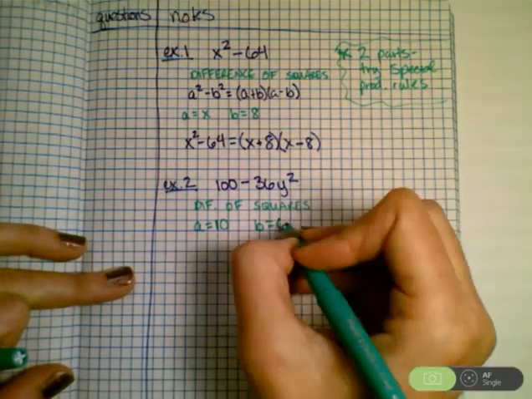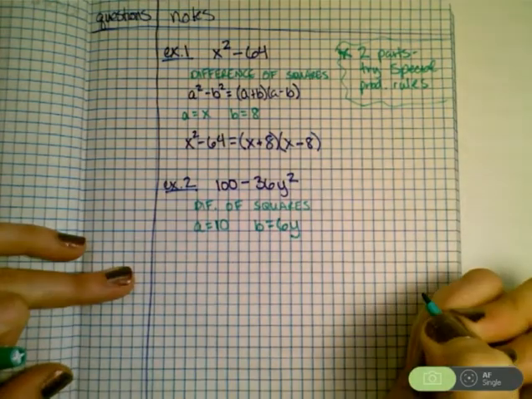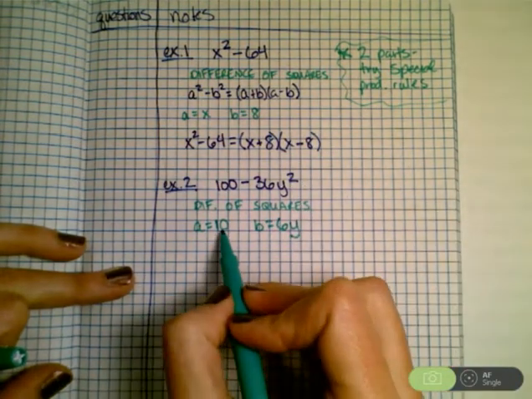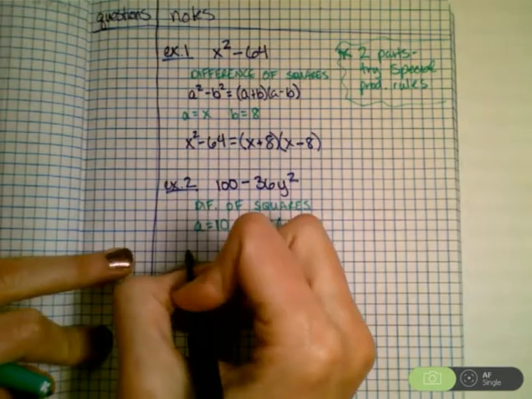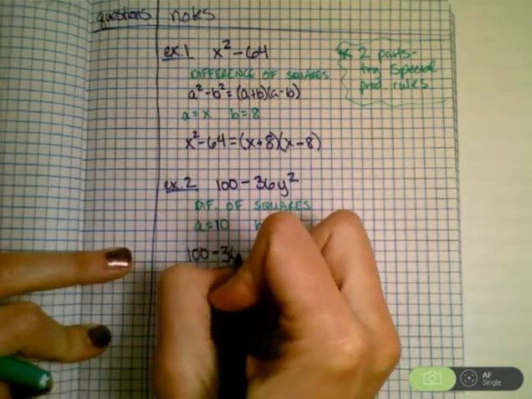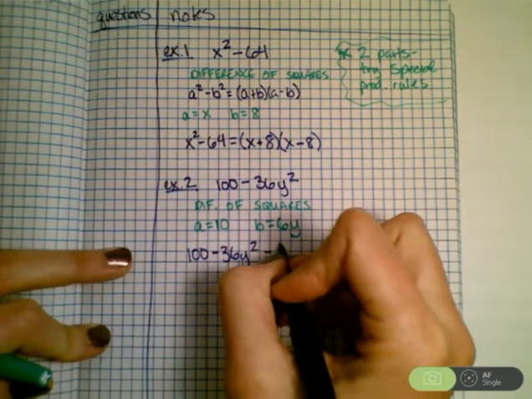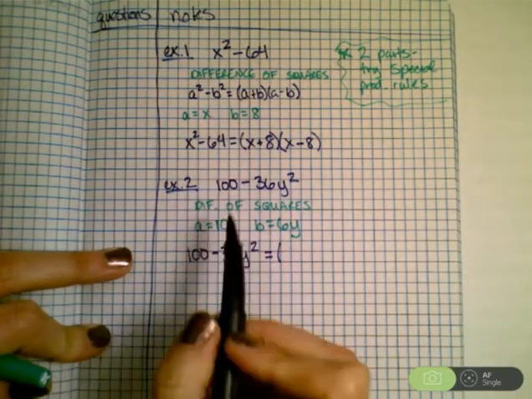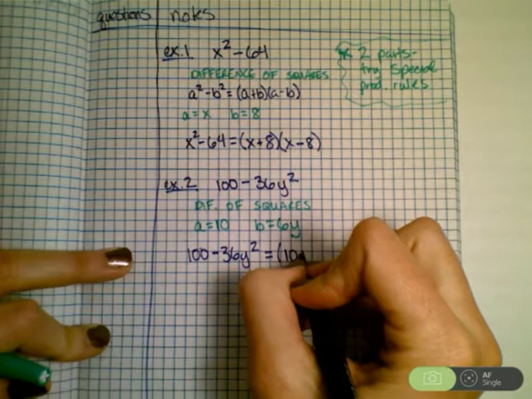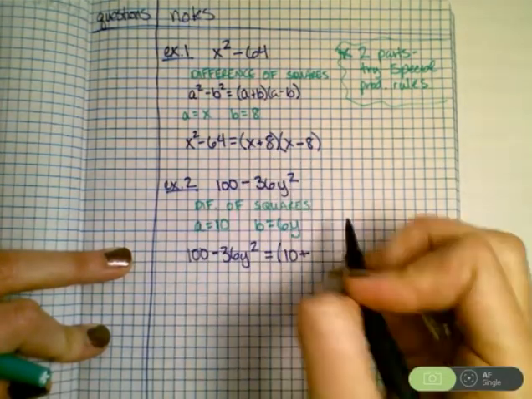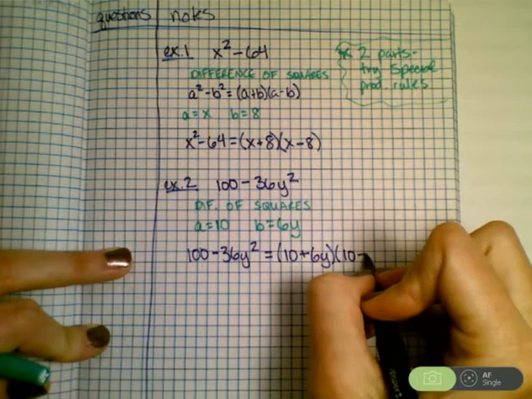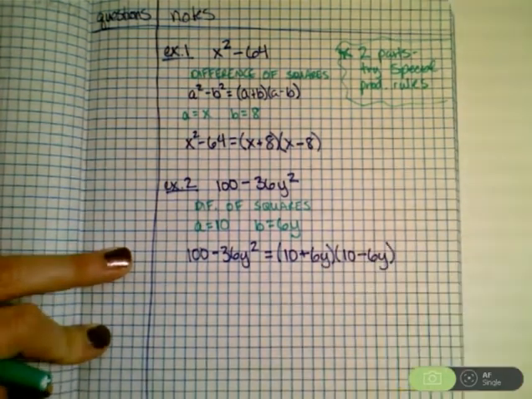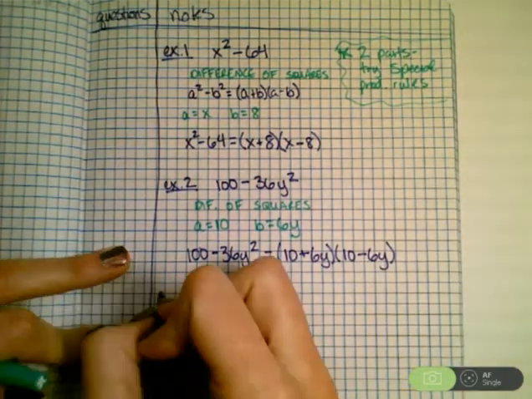But then I also have this y squared. Well, if I square y, I get y squared. So my a in this part is 10, and my b is 6y, which means 100 minus 36y squared equals a, which was 10, plus b, which was 6y, times a, which is 10, minus b, which is 6y. And I'm done.